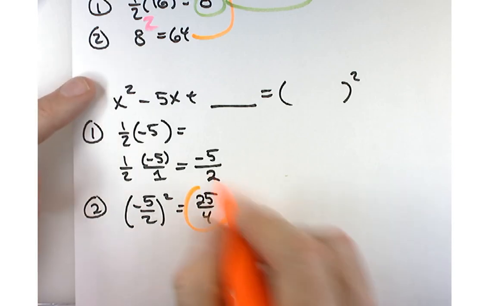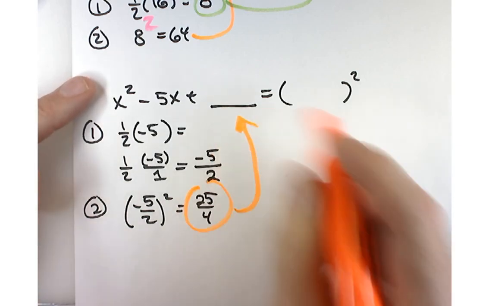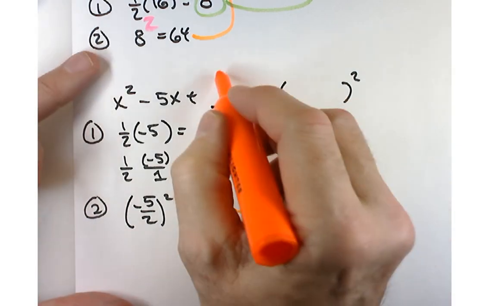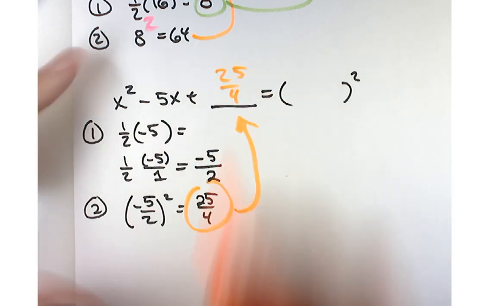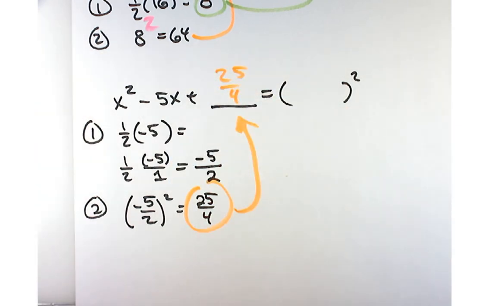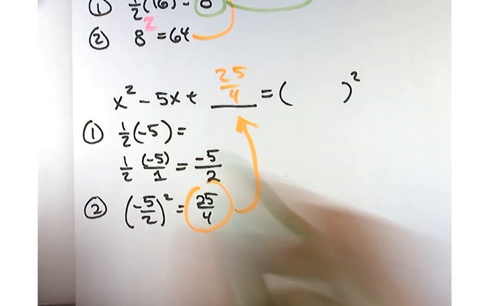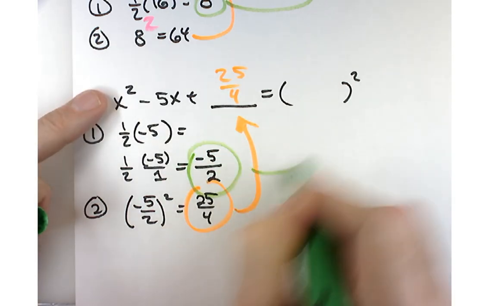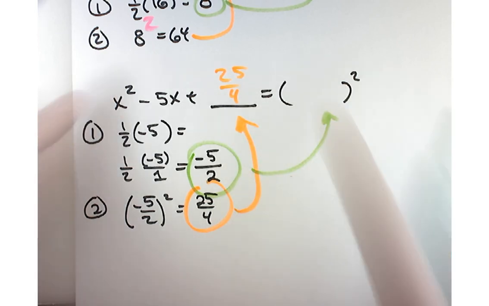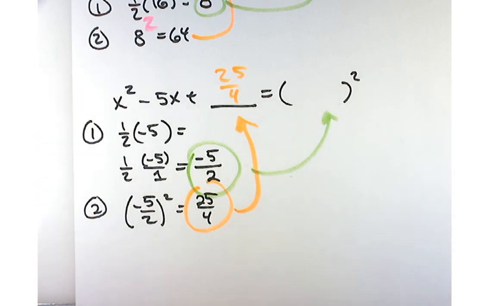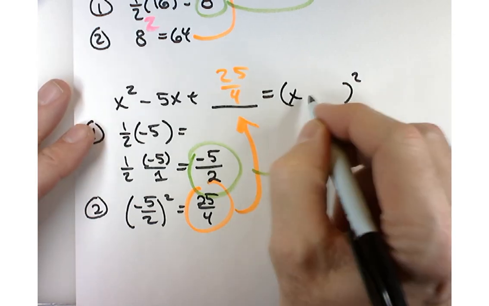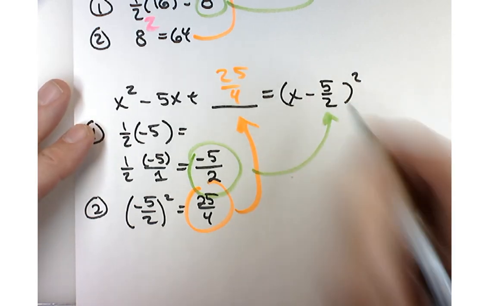So that one's going to go here. So 25 over 4. And then, let's see, this one goes here. But what am I going to put in here to make this all work? x minus 5 over 2.